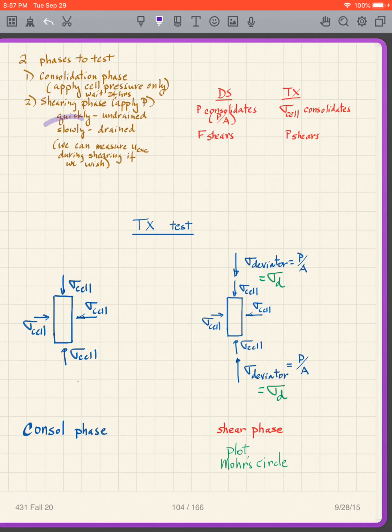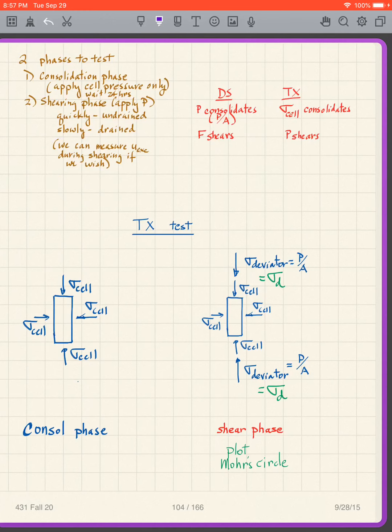If we increase the load slowly, that is the drained test, and of course, we leave the valve open and make sure that the excess pore pressures dissipate during shearing. I'll just mention, we can also measure U excess during shearing if we wish.